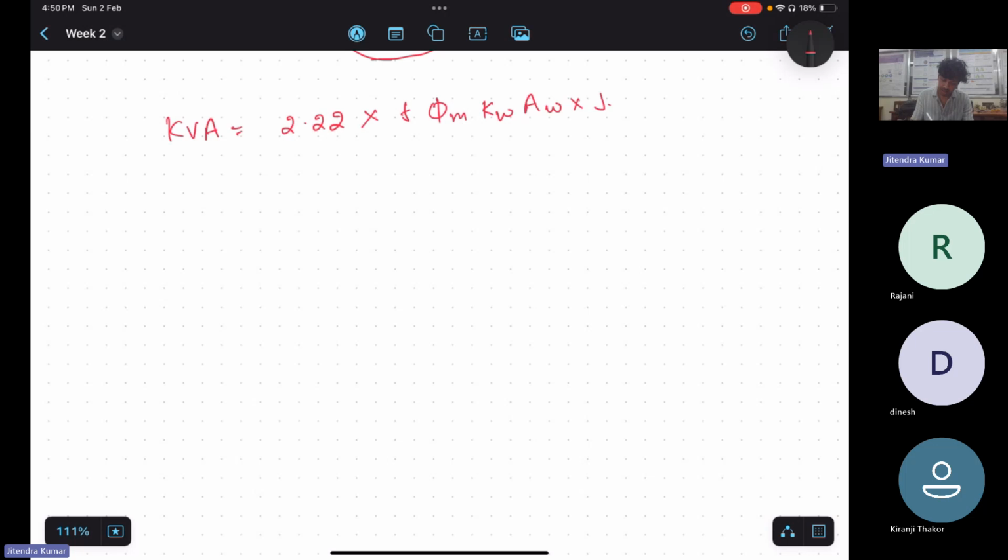Phi m we can further split into BM into area of iron, because here area of iron would be much more handy.